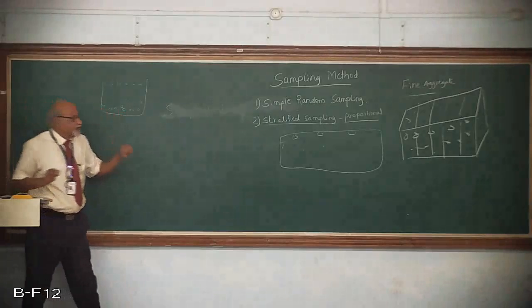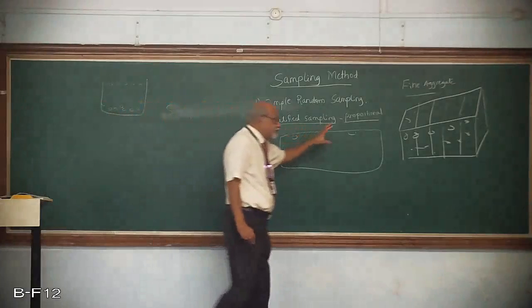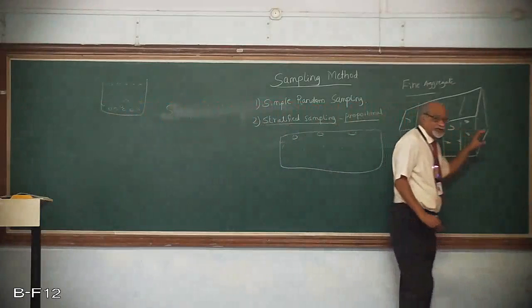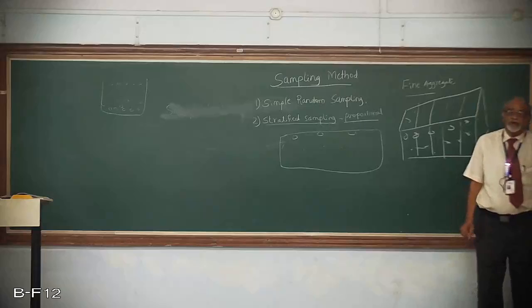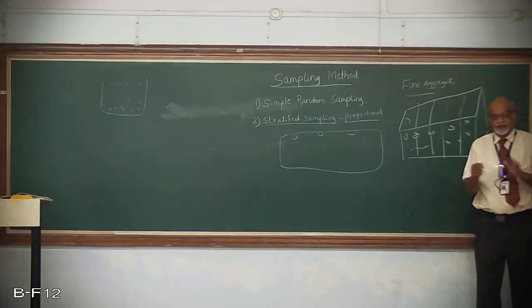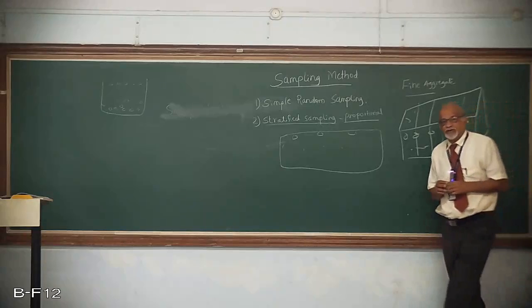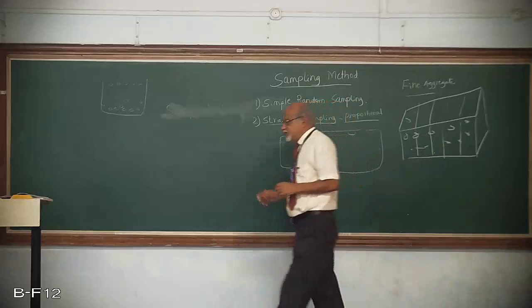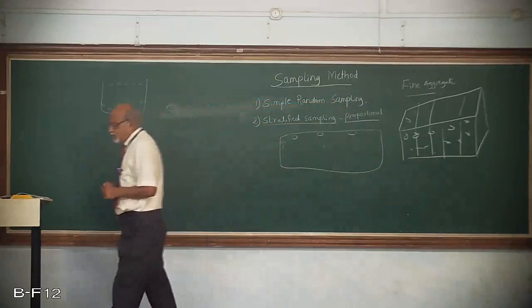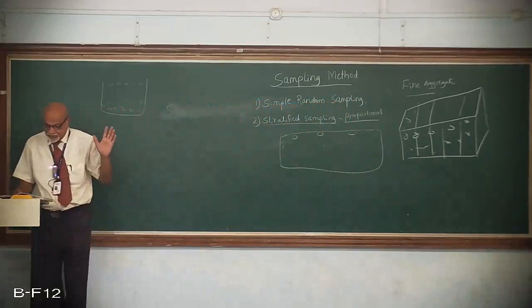Having done that, it gives a fair opportunity to all, because various strata have been collected. That is what is being done. If you want, you can note down these things.